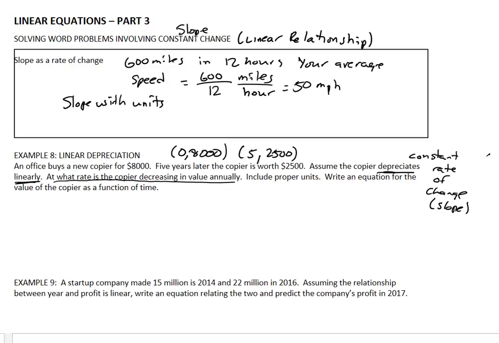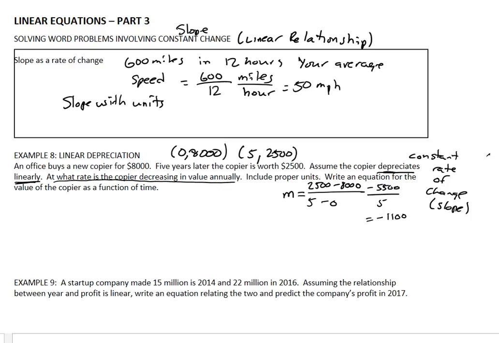Now we have 2 points, and we know this is a line because it says linearly. So then we can find our slope. It'd be 2,500 minus 8,000 divided by 5 minus 0. Well, that is negative 5,500 divided by 5, or negative 1,100.